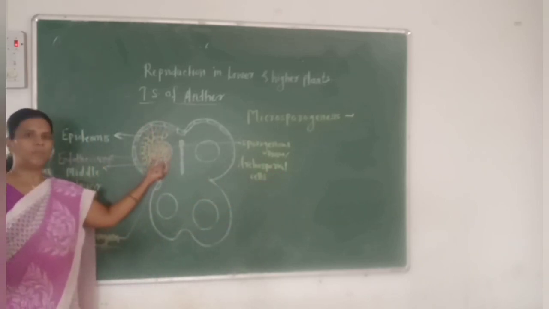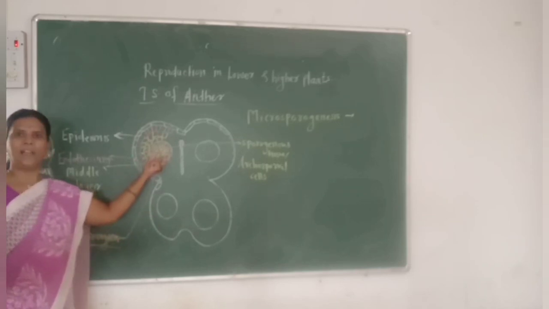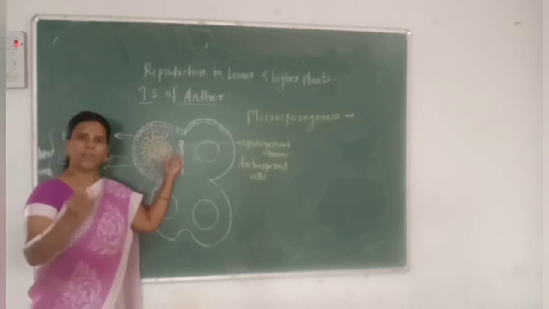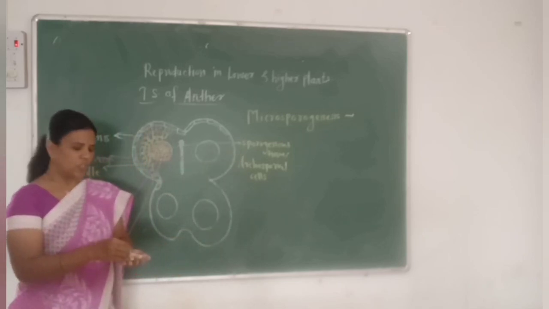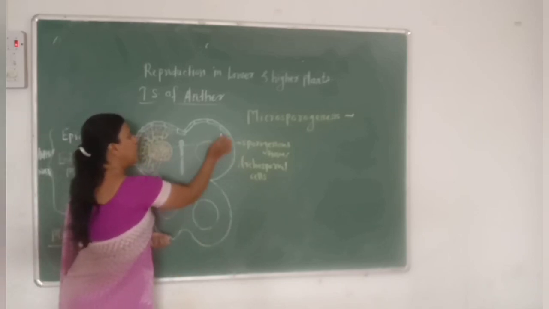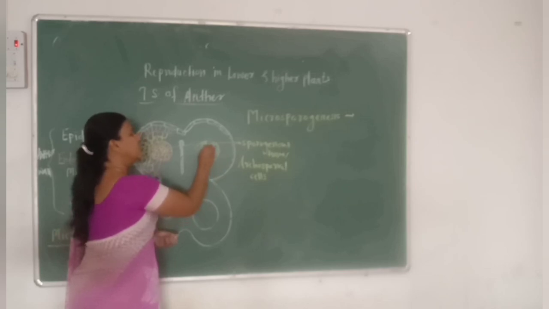When the anther is immature, these archesporial cells are compactly arranged. As the anther becomes mature, these sporogenous cells get separated from each other. That means there is a formation of space between these cells.